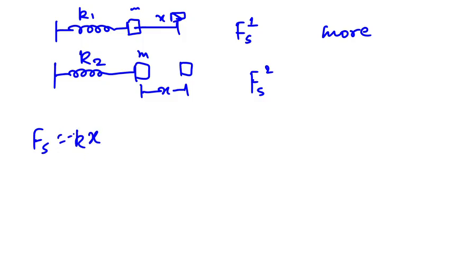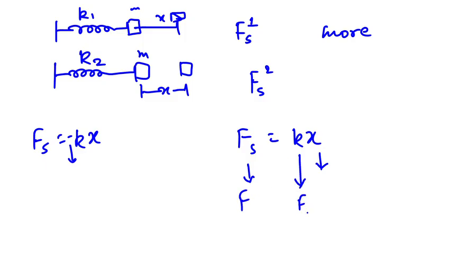Let's drop this minus sign because it is for direction, not for magnitude. So Fs in magnitude will be kx. Then if for the same displacement Fs is more, it means k is greater. So in this case, k1 is greater than k2.